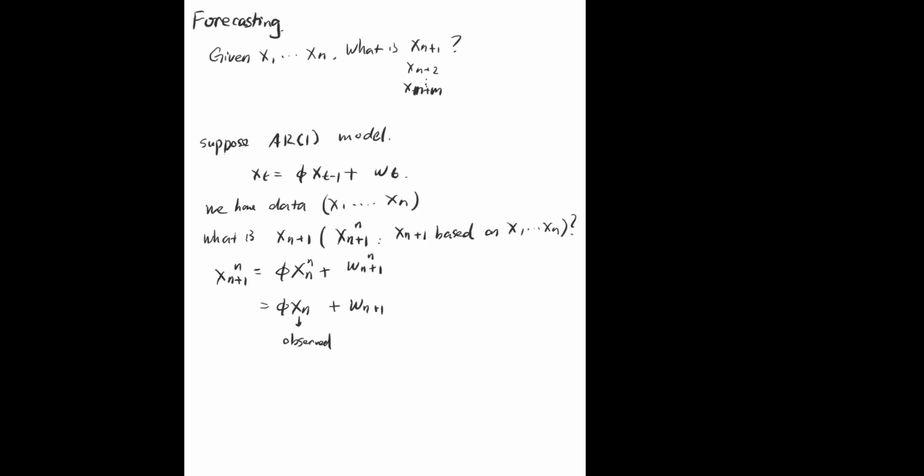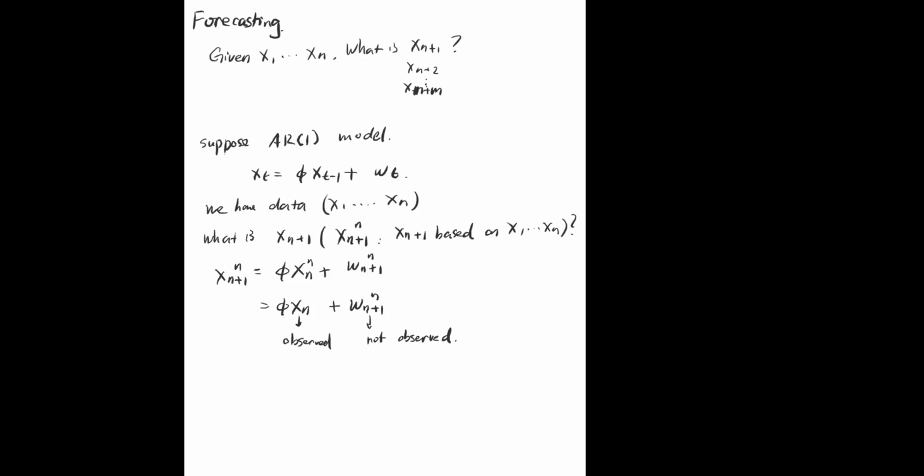Unfortunately, the error part is not observed. We do not observe w(n+1) given w1 to wn. So predicting x(n+1) is not feasible by just using x1 all the way to xn.